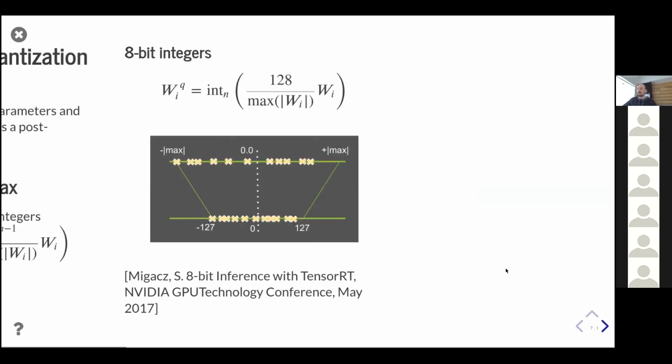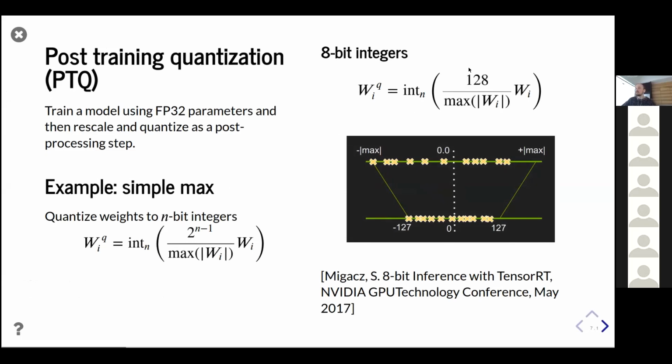However, it turns out that this very naive way of scaling your values based on max values is a very bad way to do quantization if you want to retain as much accuracy as possible. You can imagine there being a lot of outliers, so that maximum value rescaling will very poorly represent the majority of the data in the tensor.